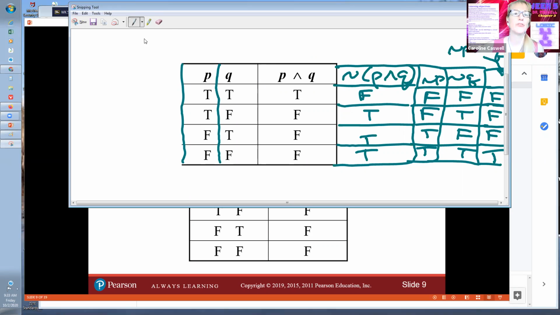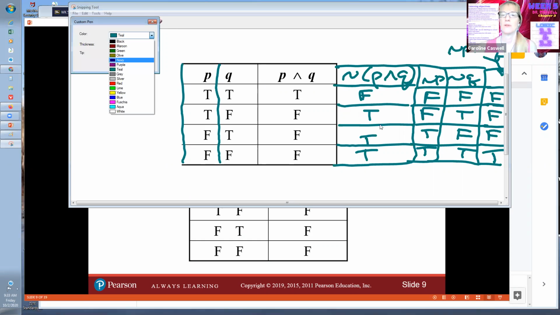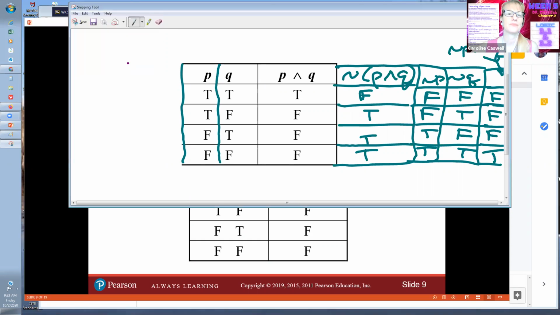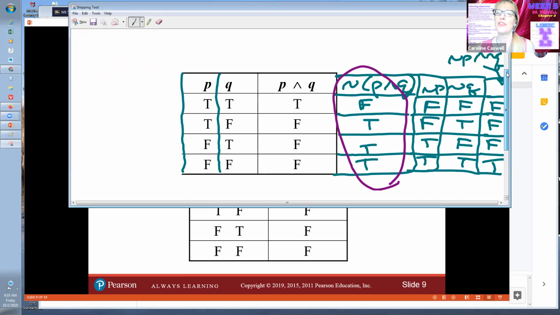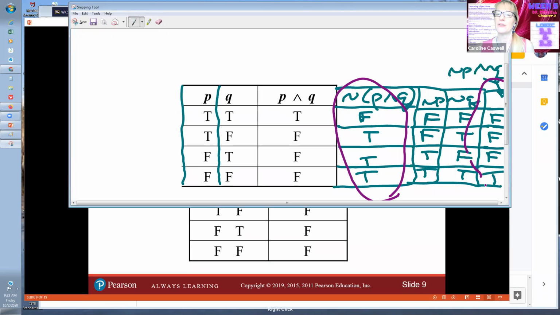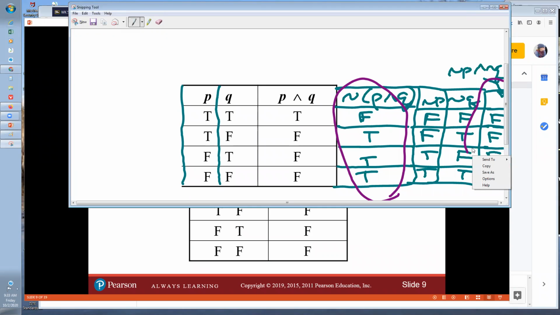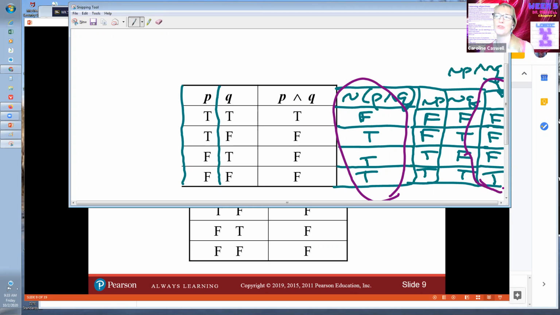I'm going to use a different color to show you how crazy this is. Here's the problem they asked us. Here's our theory that order doesn't matter. So it became an or instead of an and. Isn't that interesting? Well, we're going to find in 2 more sections that we have a rule for that. But I wanted to just show you, you can't just muck it up right now.